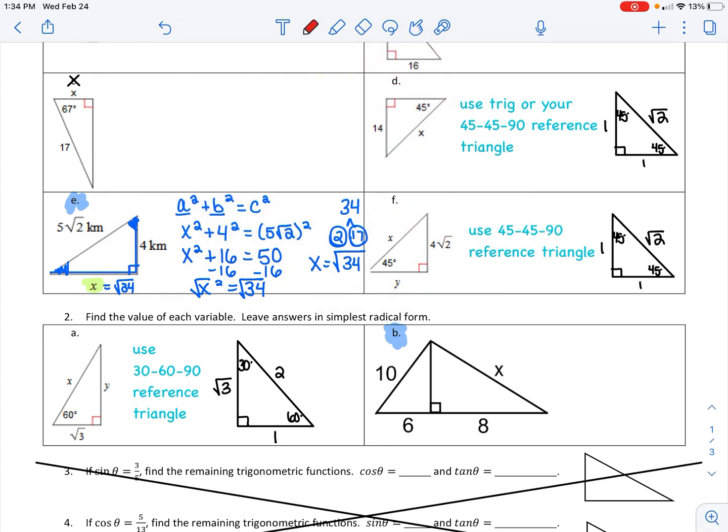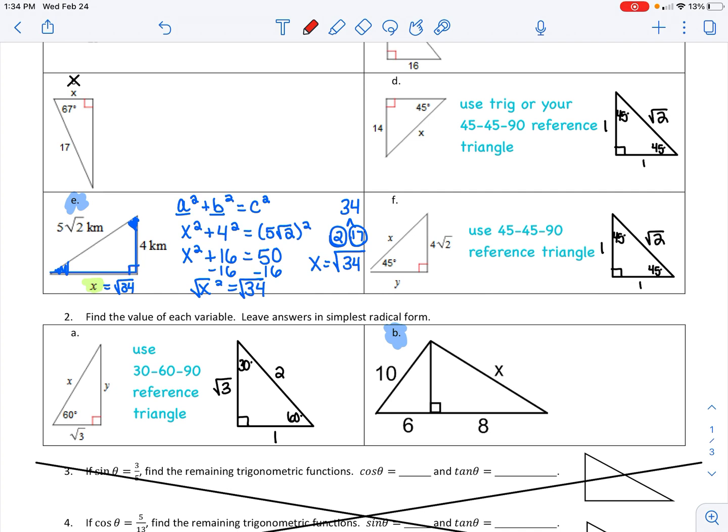Okay, moving on to number 2. For part A, I gave you some direction there. You're going to use that 30, 60, 90 reference triangle. And I also drew in that reference triangle if you did not have that in your notes, which you should have written somewhere in your notes.